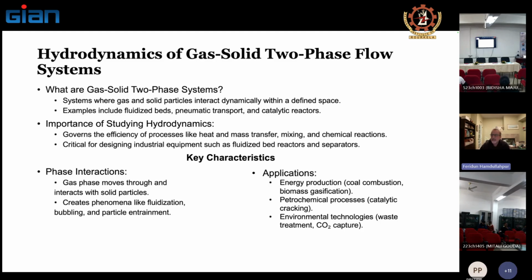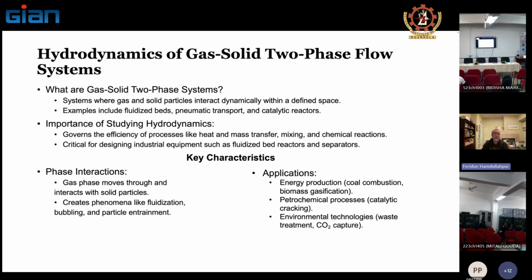It is where, as I mentioned, gas and solid are together in a confined space where gas is in motion and is trying to disturb the solid particles in one way or another, and trying to create an environment where solids will move away from a stagnant state and act like a fluid.